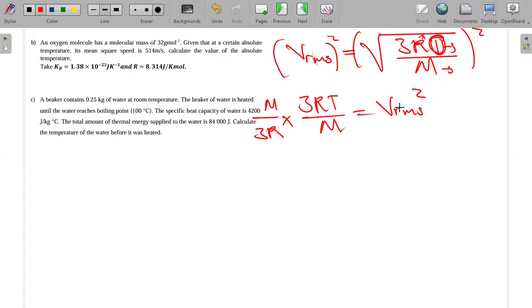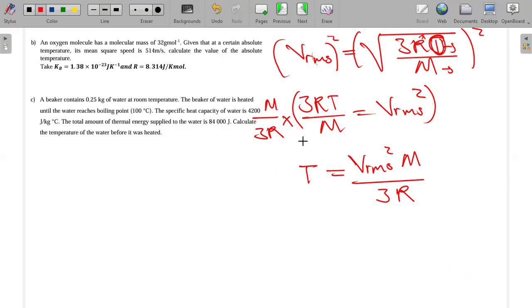So that means I'm going to have T on the left-hand side being equal to V RMS squared multiplied by M over 3R. Okay, I hope this is making sense. This is what we are having when we make T the subject of the formula.